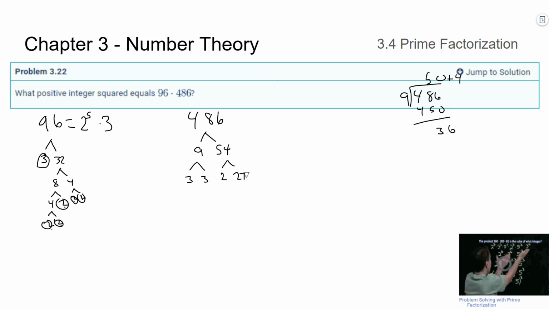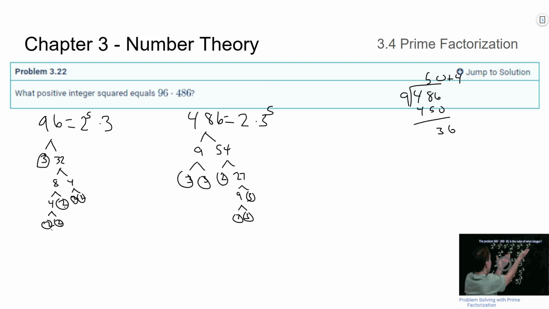Oh, no, it's not, because 2 plus 7 is 9, so we know it's divisible by 9, and it would be 9 times 3, 3 times 3. So for 486, how many 2's do we have? Only one 2. And 3 times 1, 2, 3, 4, 5, so 3 to the 5th.